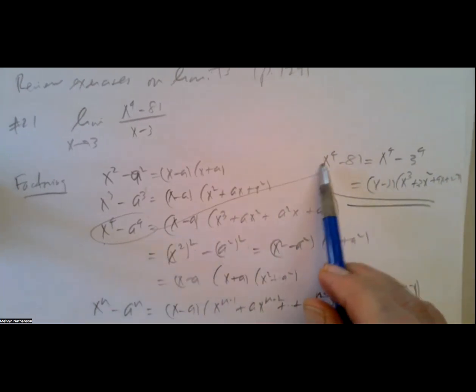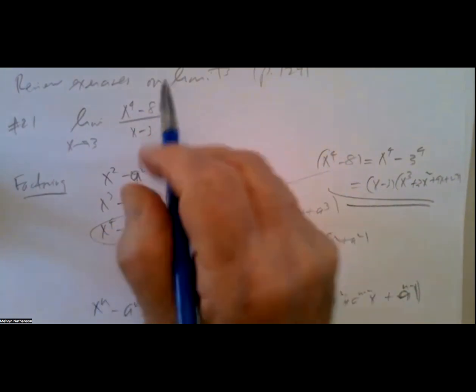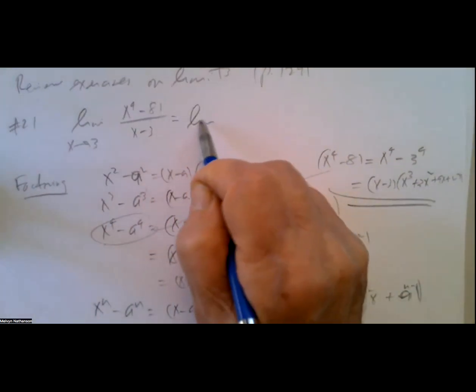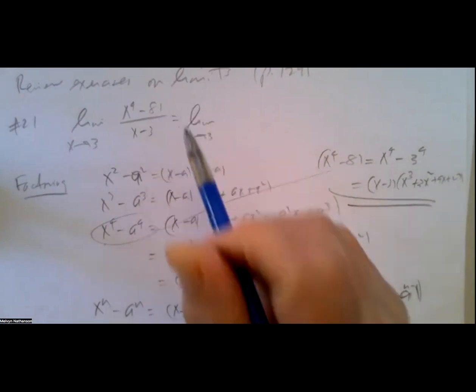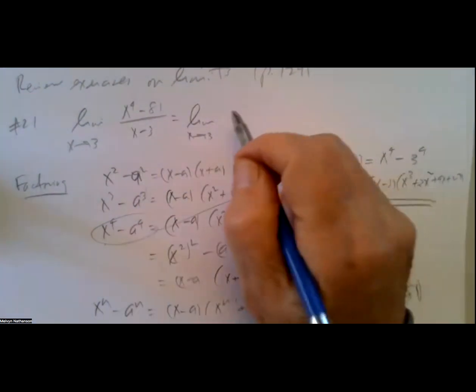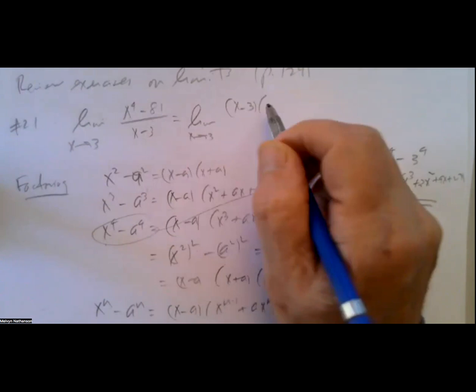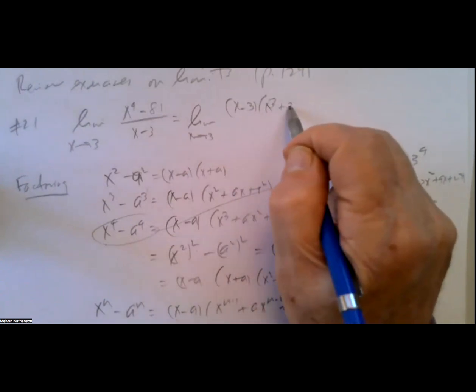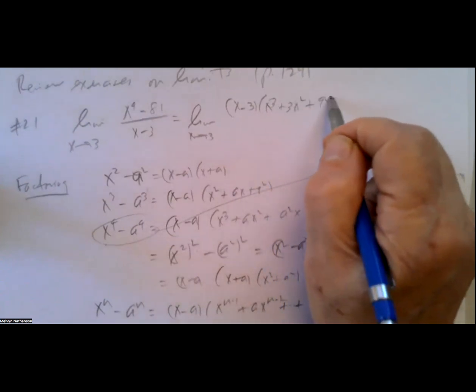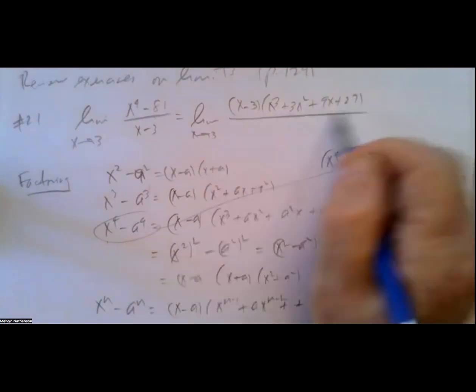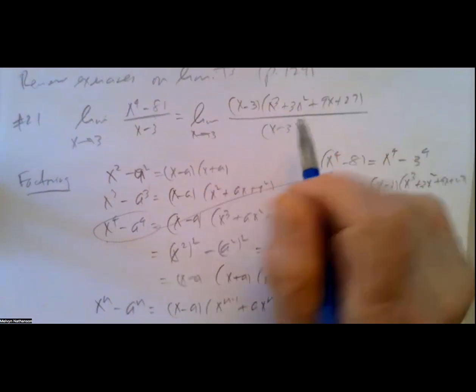And then you can put this in for the numerator here. So when you factor x to the 4th minus 81, you get x minus 3 times x cubed plus 3x squared plus 9x plus 27 over x minus 3.